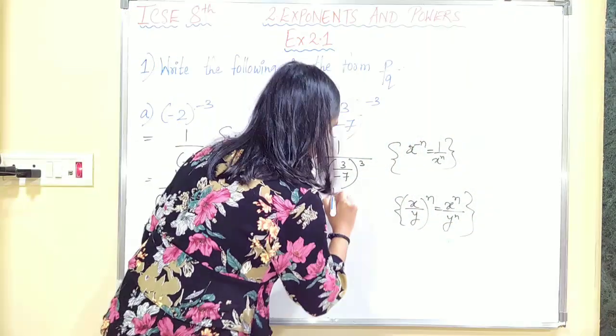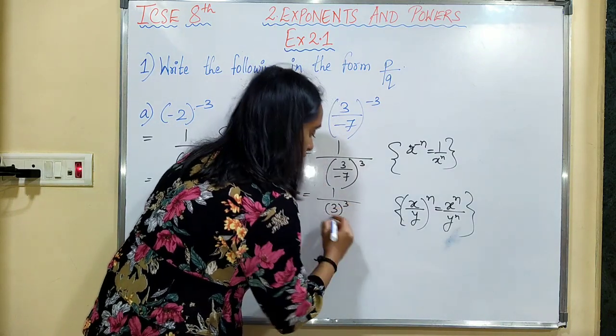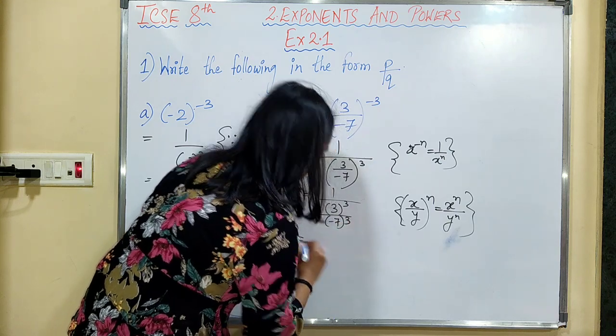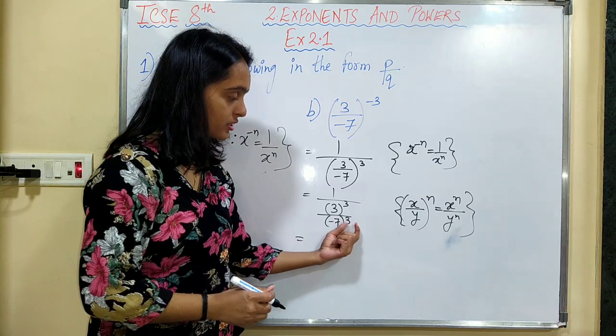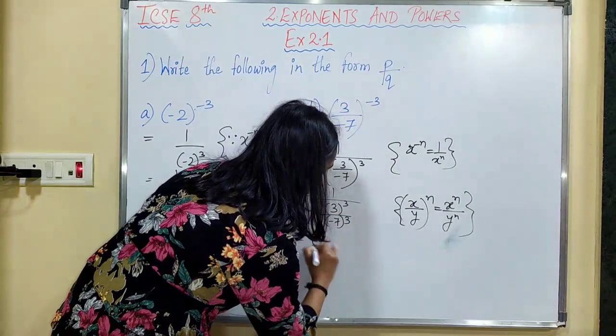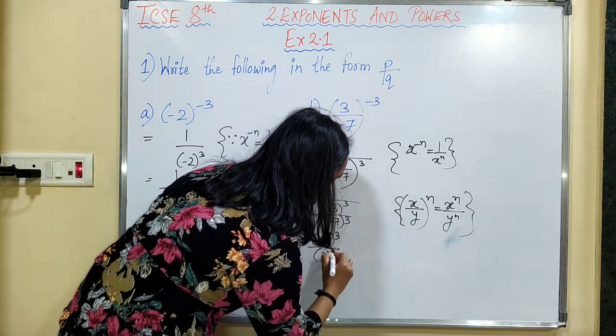So it will be 1 upon 3 cube upon minus 7 cube. So now 1 upon 3 cube upon minus 7 cube, this will come in the numerator now. So it will be minus 7 cube upon 3 cube.